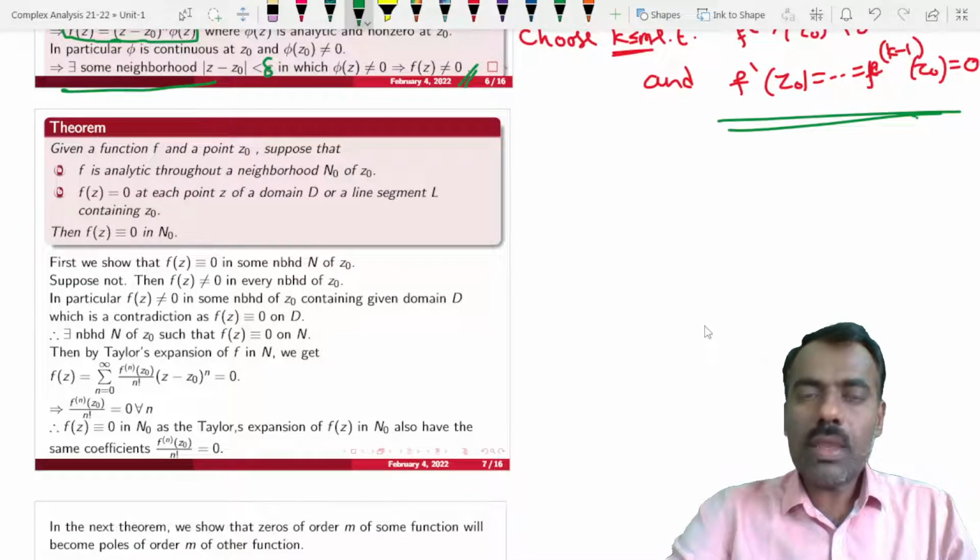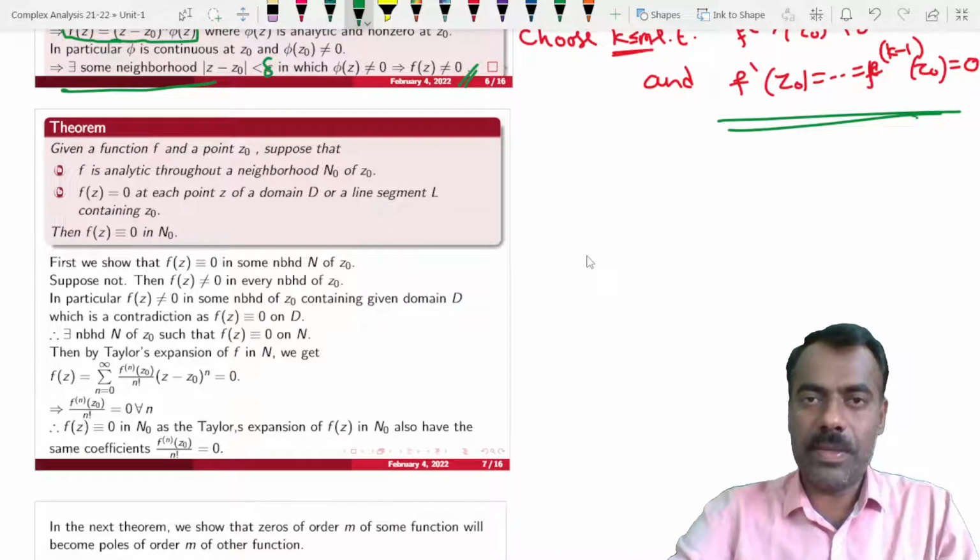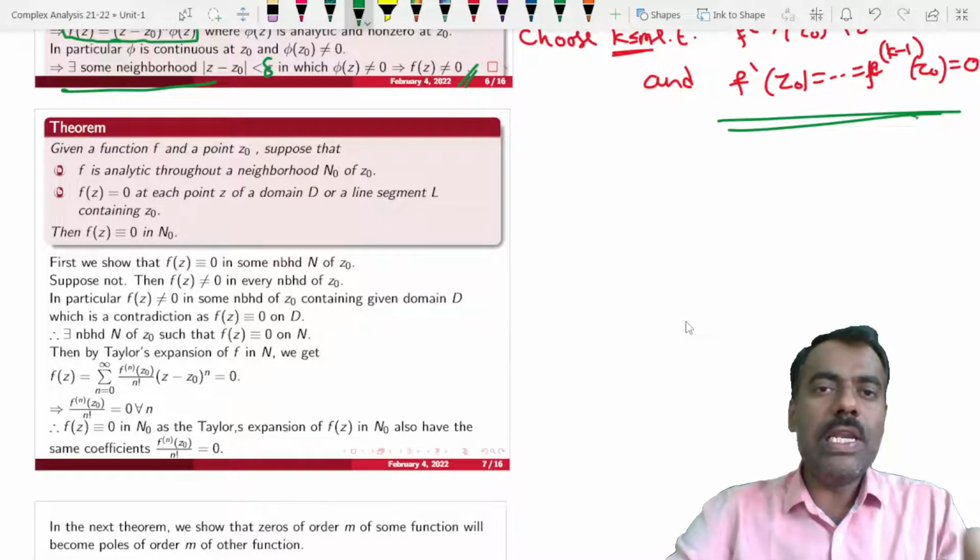Now this result, if we remember when we discussed the reflection principle, this result we have used there, okay? Now we will prove that result.